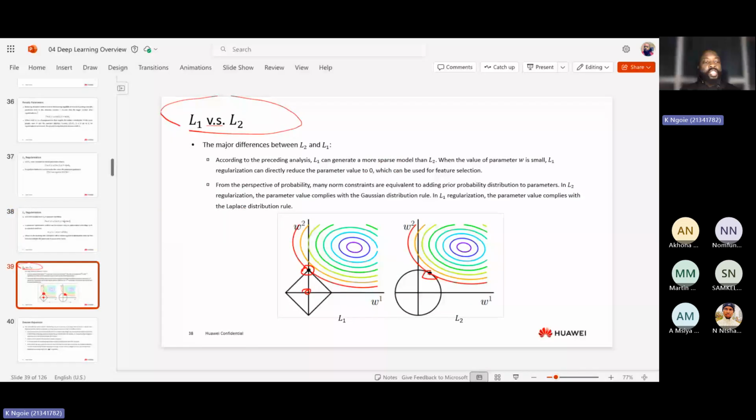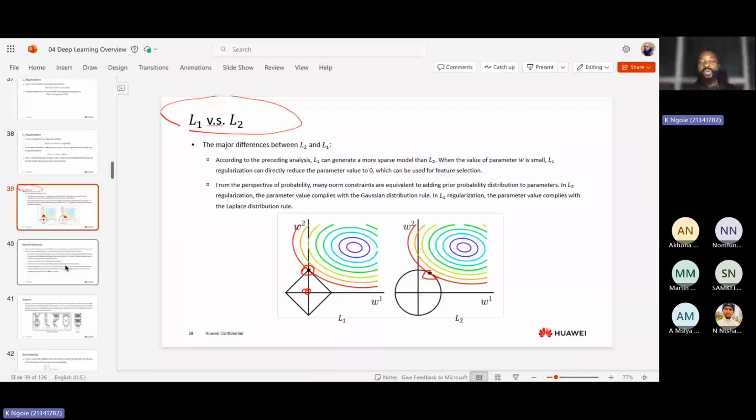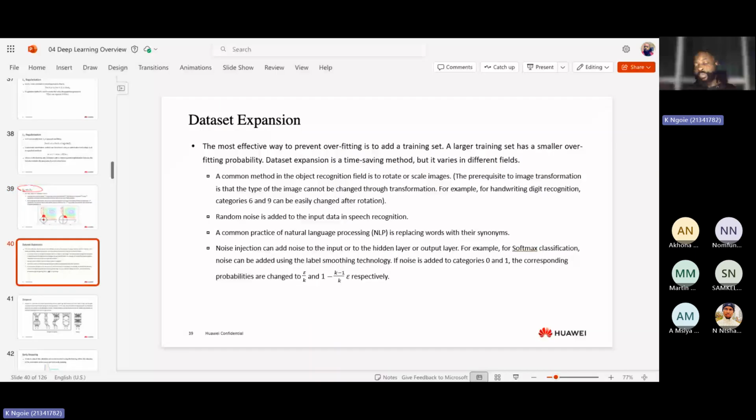Okay, so the second one would be dataset expansion. If we were dealing with data that are giving us problems, when you have an overfitting problem, it means that your model has been trained, but you did not have enough data. So your model is showing you as if everything is perfect, but it is not.